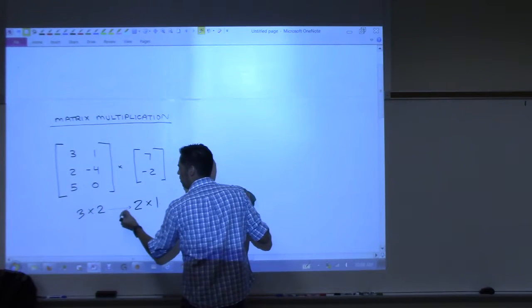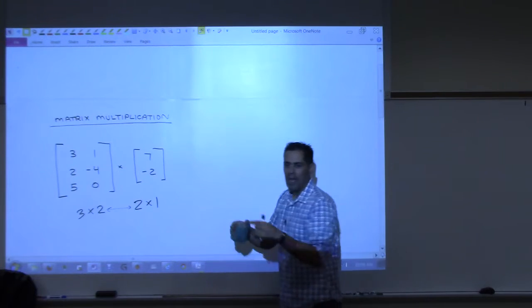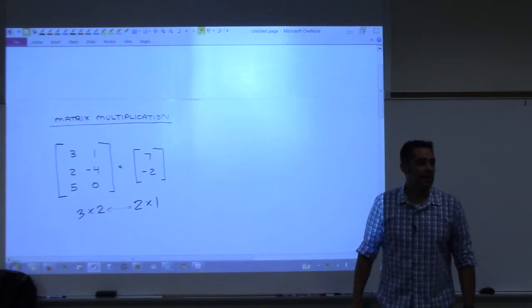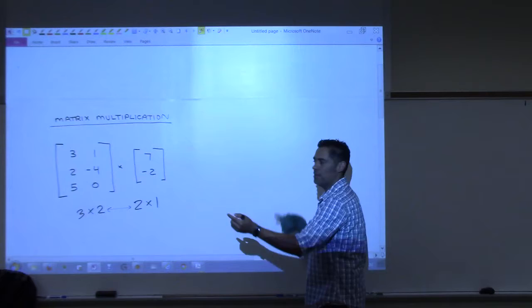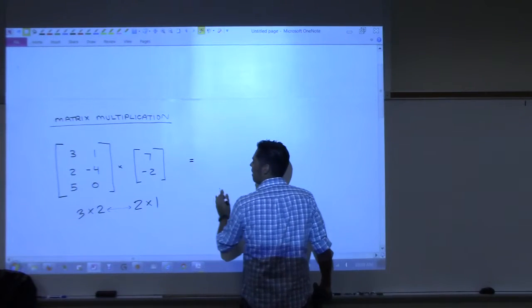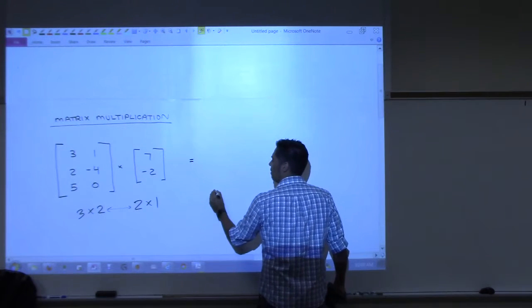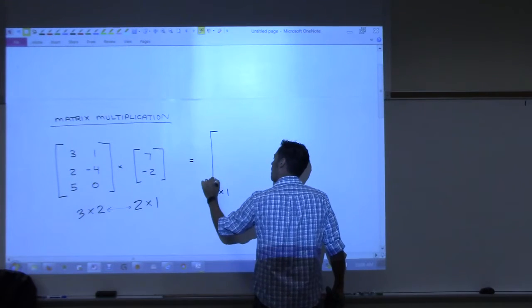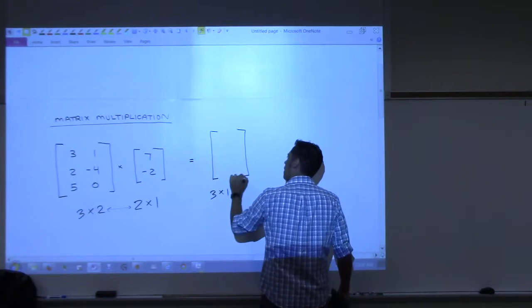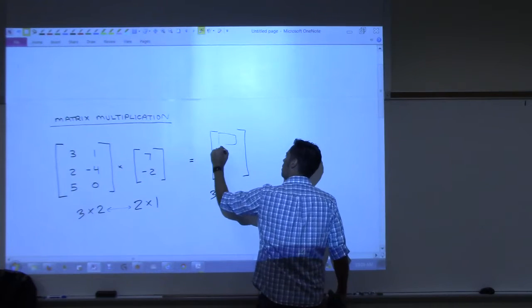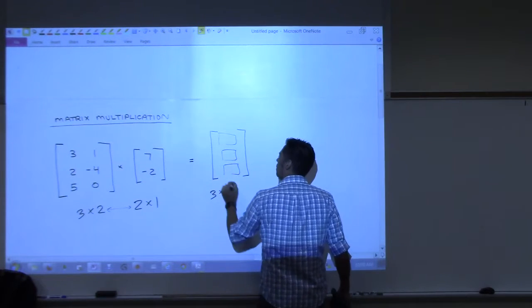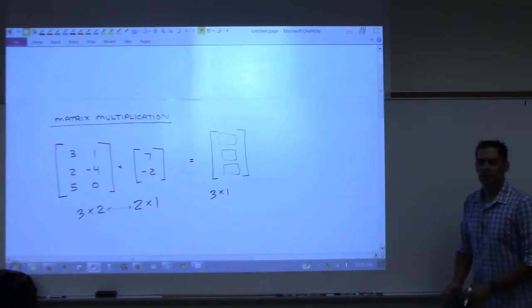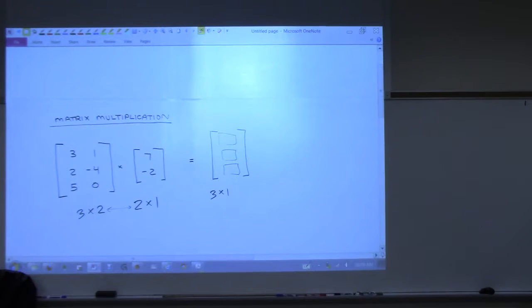Do these inside ones match? Yes. That means my answer is going to be the outside ones. So my answer is going to be a, what? 3 by 1, which looks like this. It'll have 3 entries. Do y'all agree? Any questions on that?